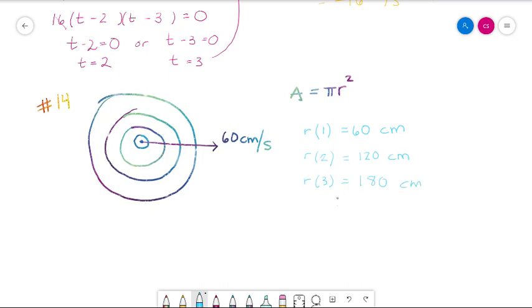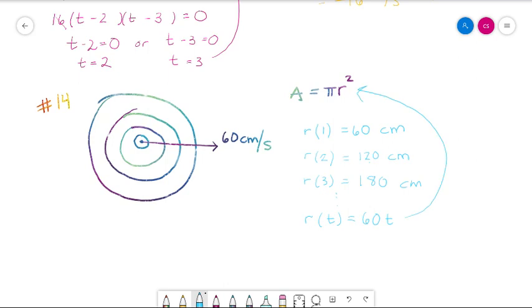Okay, so let's try to generalize this. What's R of t? Well, what are we doing to get all of these numbers? We're taking the 60 centimeters per second and we're multiplying it by the time. So that's R of t. And so the area is going to depend on where the radius is.